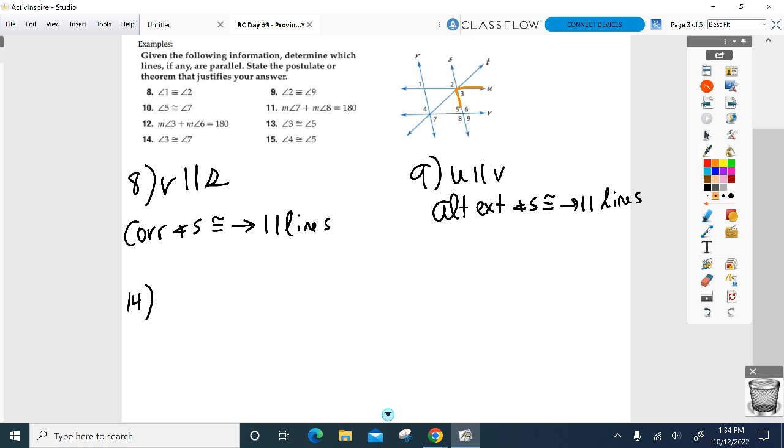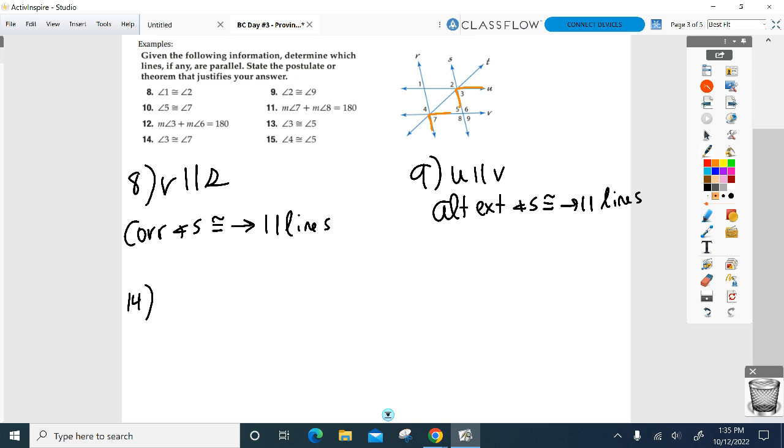Angles 3 and 7. Any transversal in common? Well, look. Say it out loud if you have to. 7 is made up of R and V. 3 is made up of U and S. Did I say anything in common?